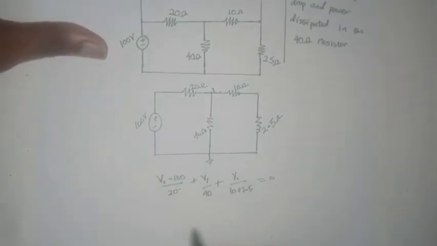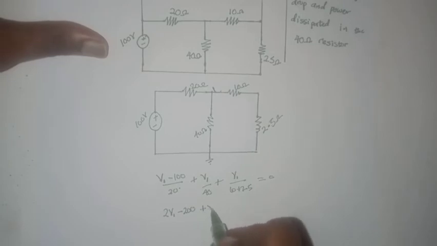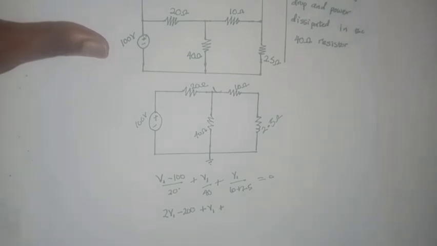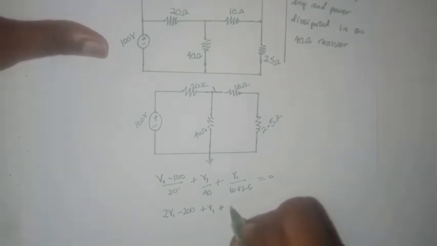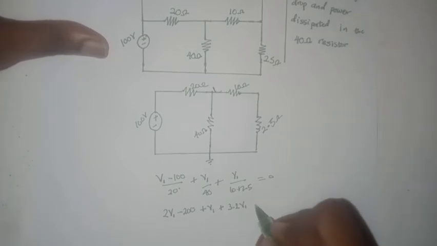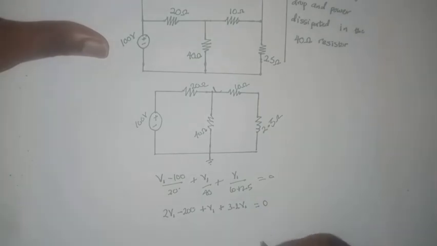Simplifying further, we would have 2V1 minus 200 plus V1 plus 3.2 V1 equals 0.